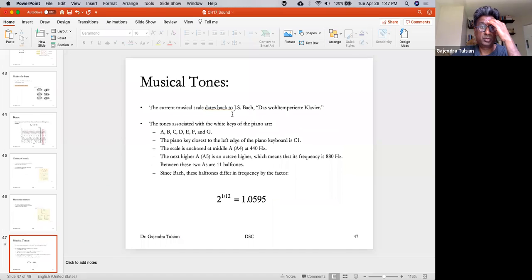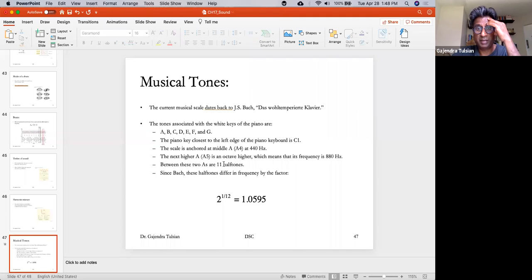Now, the Western musical tone currently used is the one given by Bach. Between A's on the piano, the middle A is 440 hertz, and the first higher octave is 880 hertz.